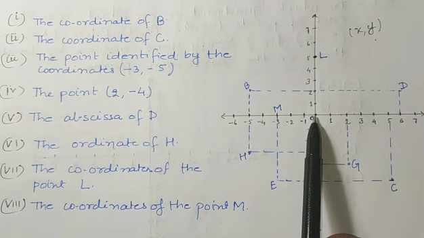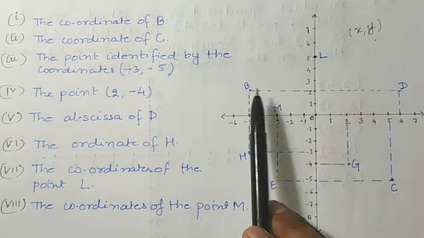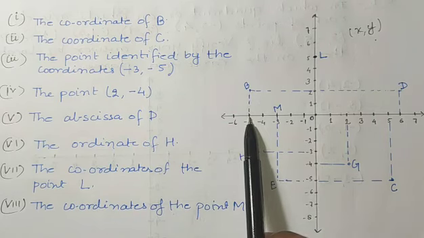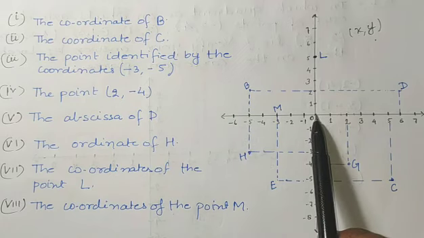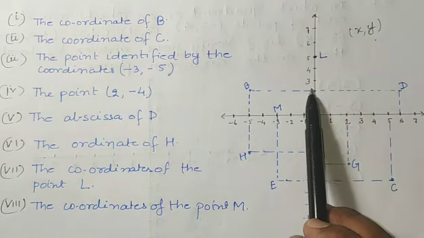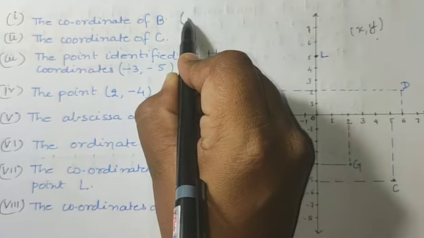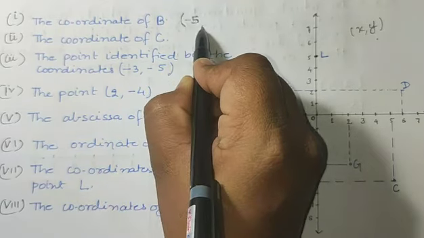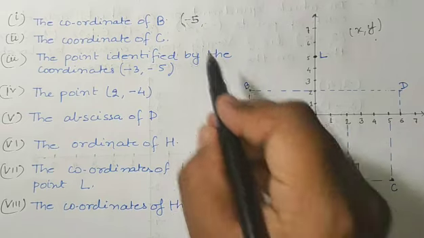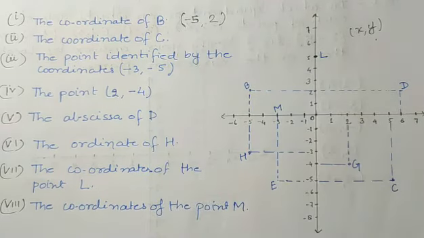So what is the coordinate of B? Towards the x-axis, for B, -5 is there, meaning abscissa is -5, and towards the y-axis 2 units are there. So its coordinate will be (-5, 2). At the place of x, -5 is there and at the place of y, 2 is there. So the coordinate of B will be (-5, 2). This will be your answer.